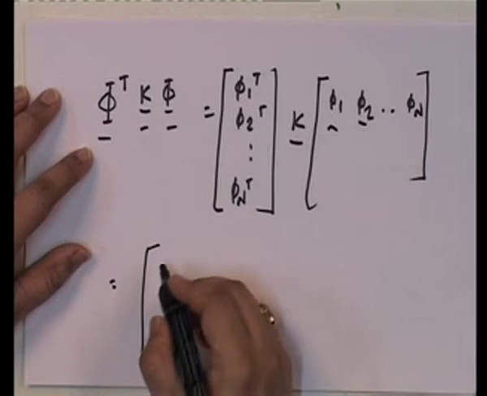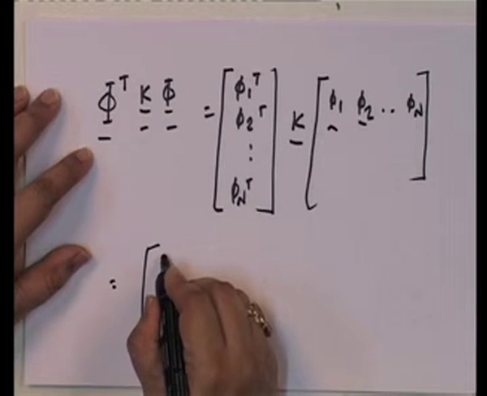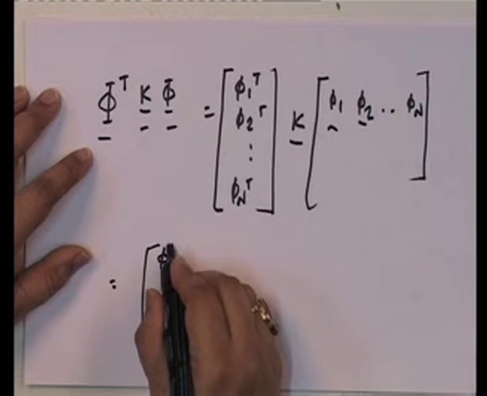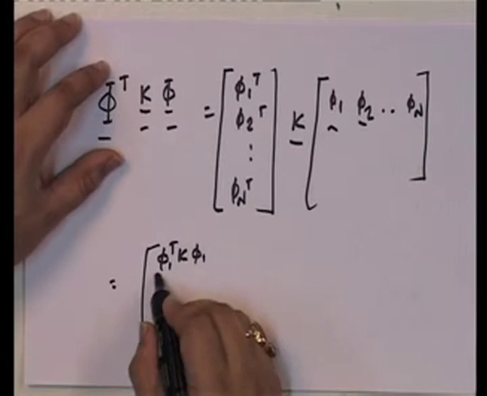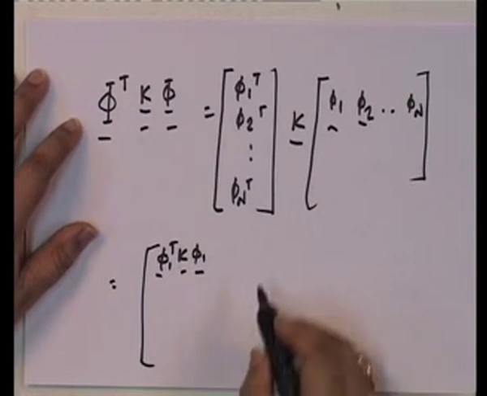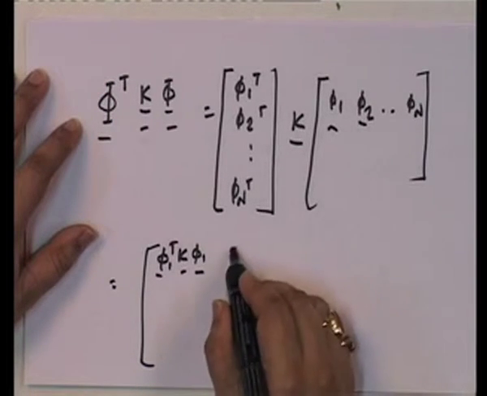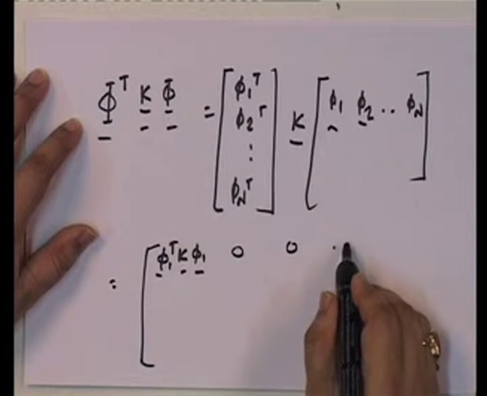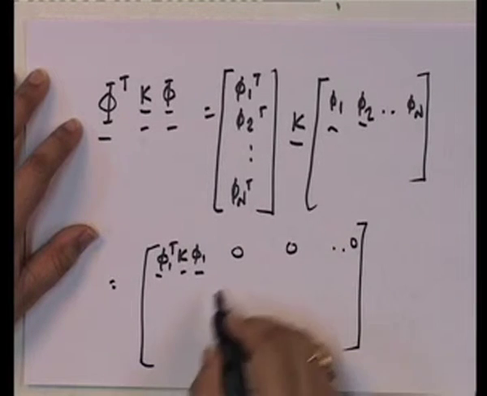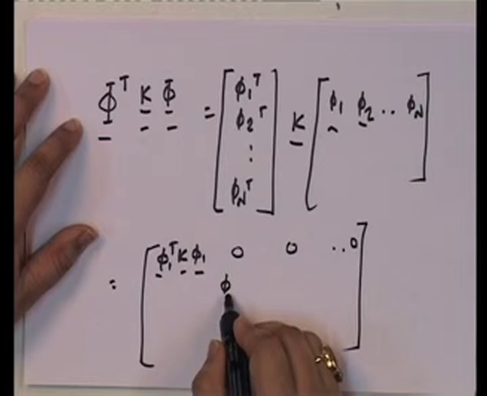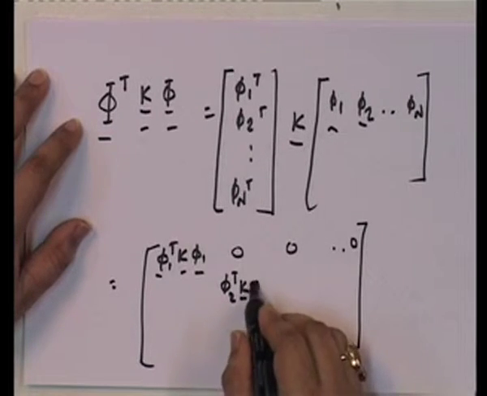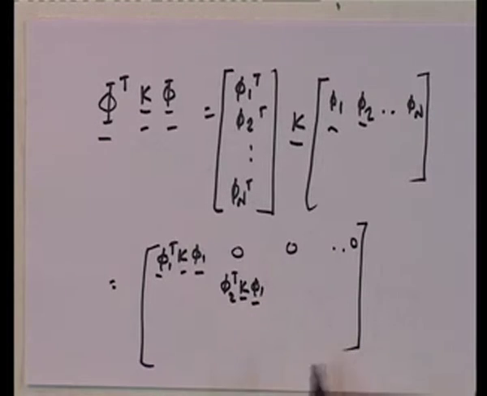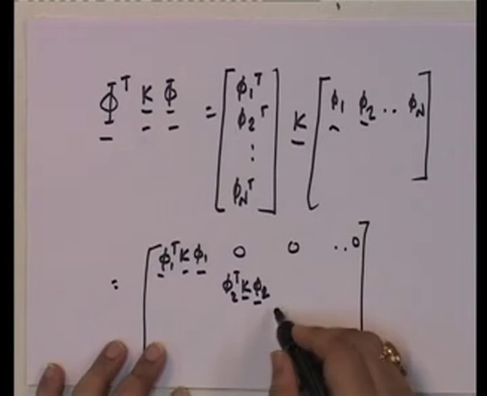It becomes nothing but phi 1 transpose k phi 1, and all other terms are 0. Again, only the diagonal terms exist because all the off diagonal terms are 0 because of the orthogonality property.